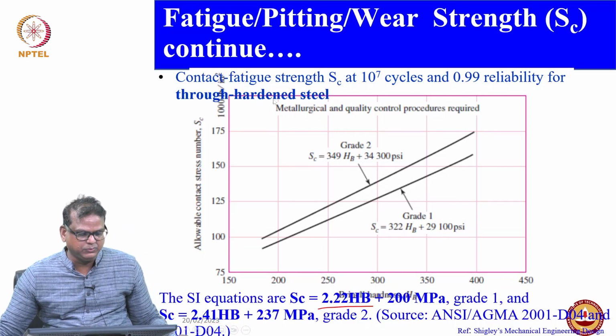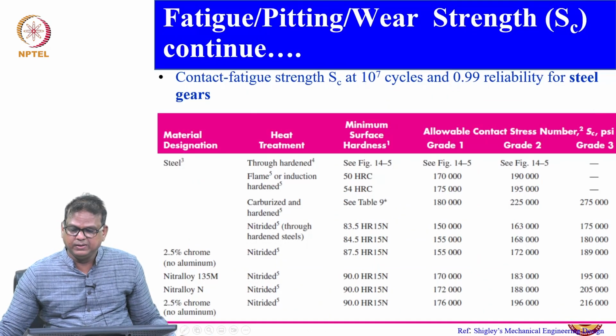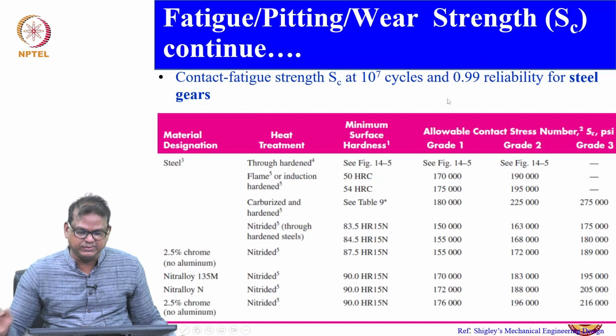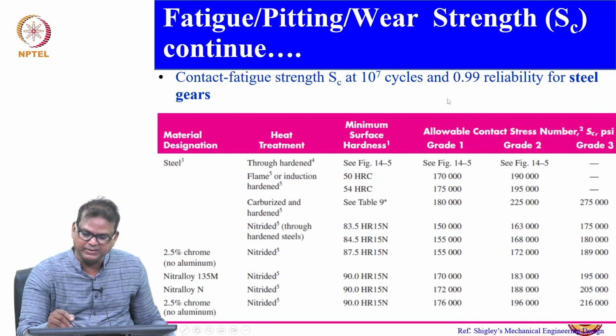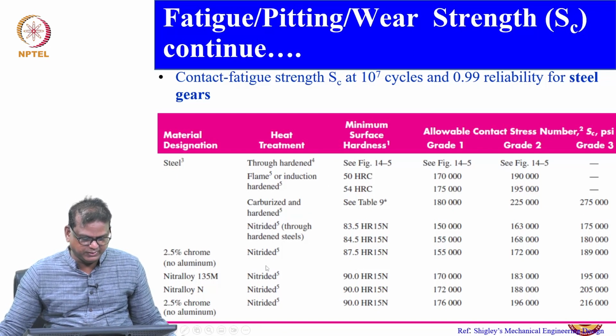This is again for through hardened steel, and this is for the steel gear with other aspects. We are talking about contact fatigue strength for 10 power 7 cycles with a reliability of 0.99, right. It can be through hardened, flame or induction hardened, carburized, nitrided, again so many aspects.